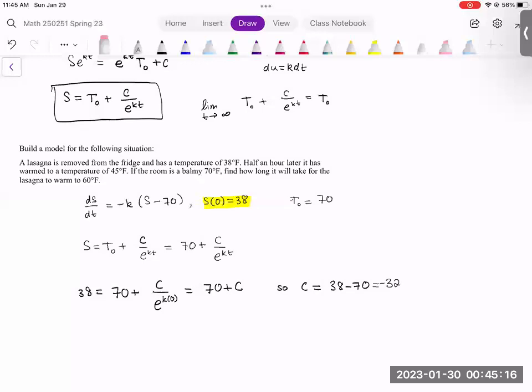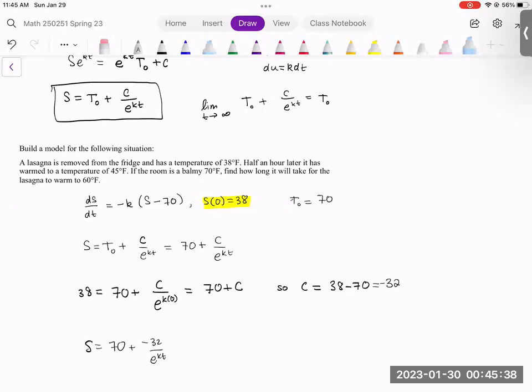Okay, so we're making good progress. We find that S is equal to 70 plus negative 32 over e to the kt. And we can look for this value of k by looking at the second temperature that was given to us.